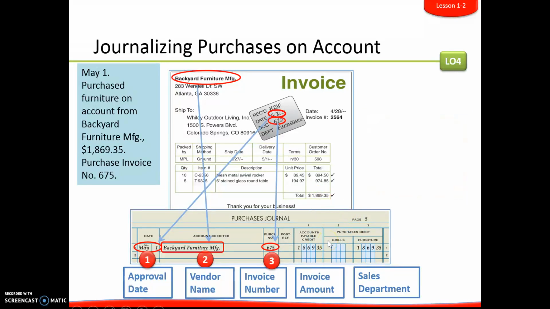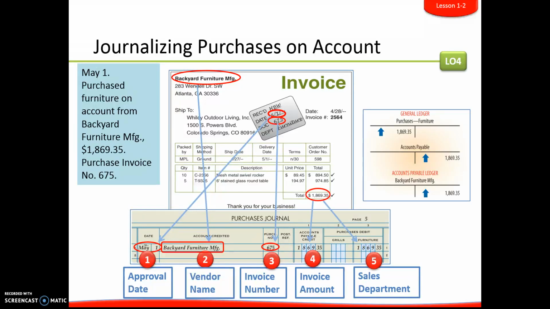If you notice down here, I'm actually going to back up one so you can see this. Remember before, this was just accounts payable credit and purchases debit in one column. Instead, now we have a purchases debit, which can either go to grills or it can go to furniture. And that's the major difference in our purchases journal when we're doing departmental accounting. So here it goes to the invoice amount, and you can see what happens here.